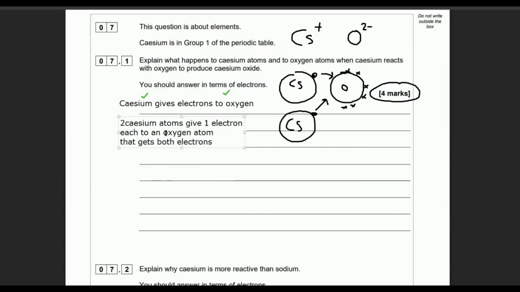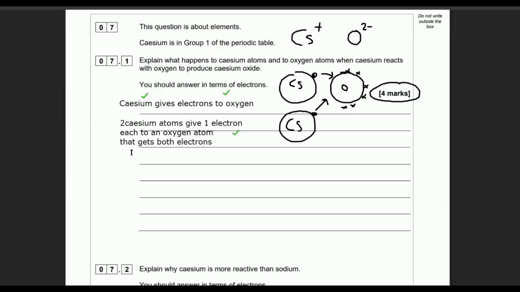I'm trying to say oxygen gets 2 electrons and they've come from 2 cesium atoms. That would have been a much better way to say it, and it's worth 3 marks if you say that correctly. Personally, it's better to say oxygen takes 2 electrons, 1 from each cesium atom. Bosh, you're going to get the marks. You need to explain that in words for 3 marks.